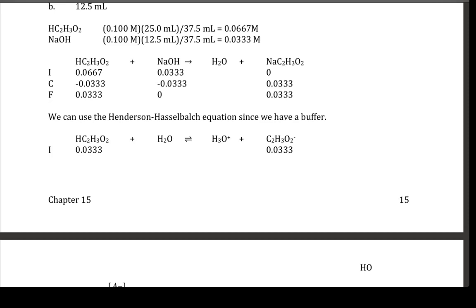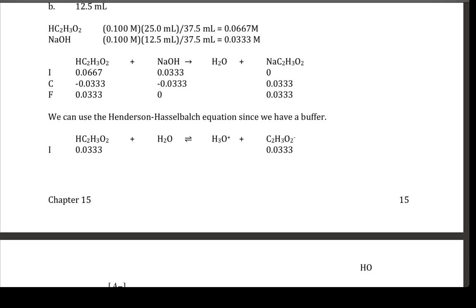For the NaOH, we get 0.0333 molar. So we put those into our stoichiometry table calculation where the reaction is HC2H3O2 plus NaOH yielding, so it goes all the way, water plus NaC2H3O2. So we have those initial amounts.